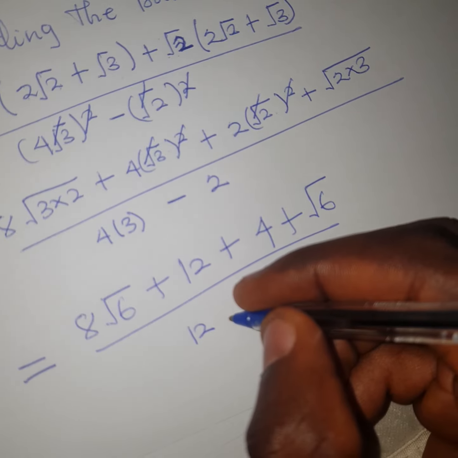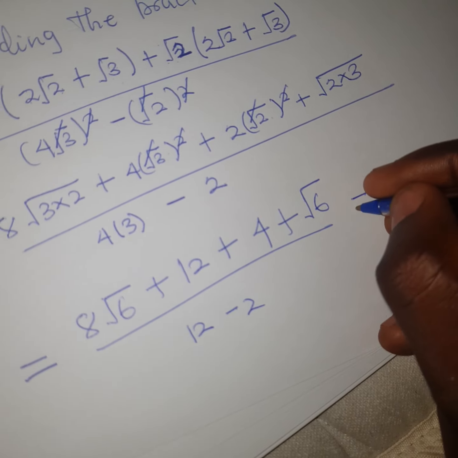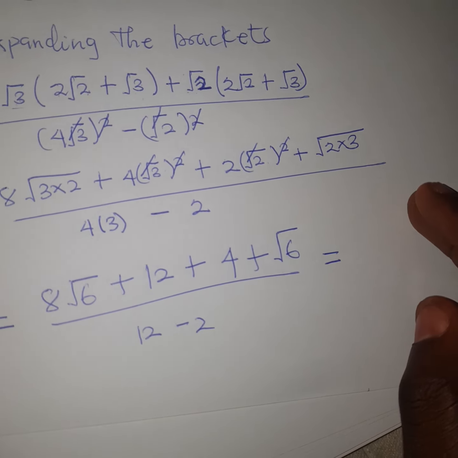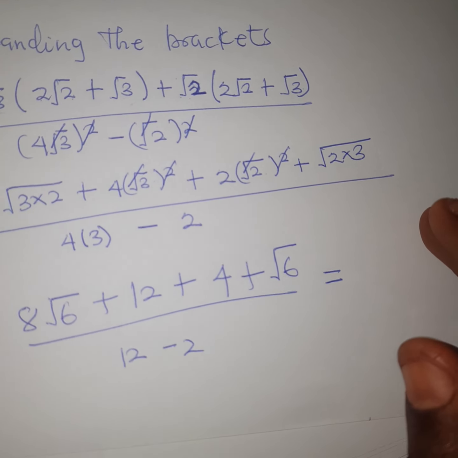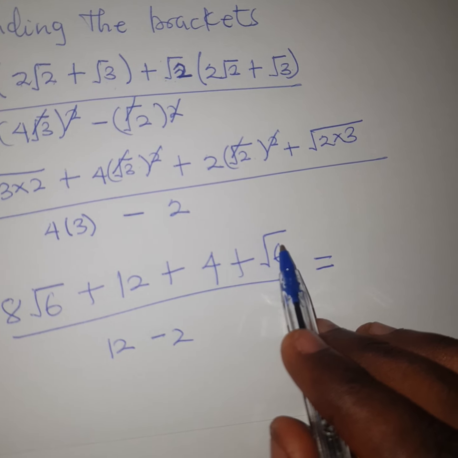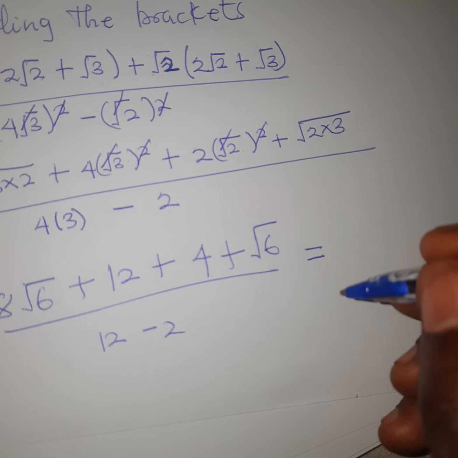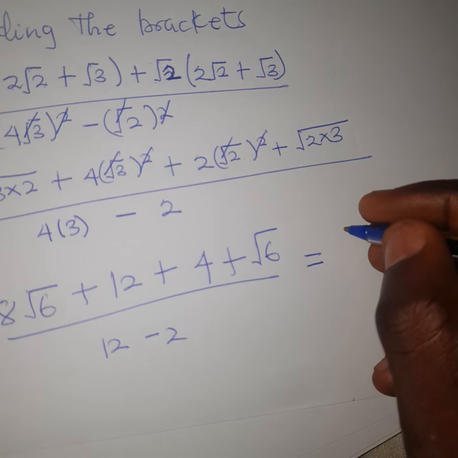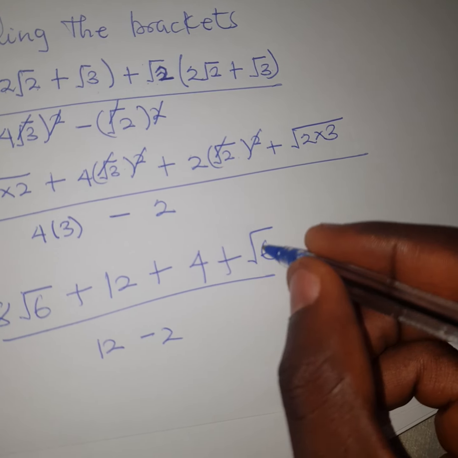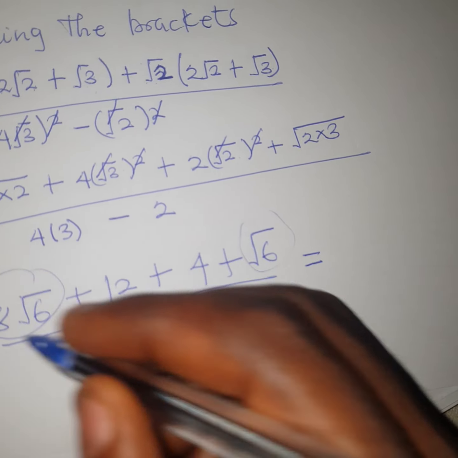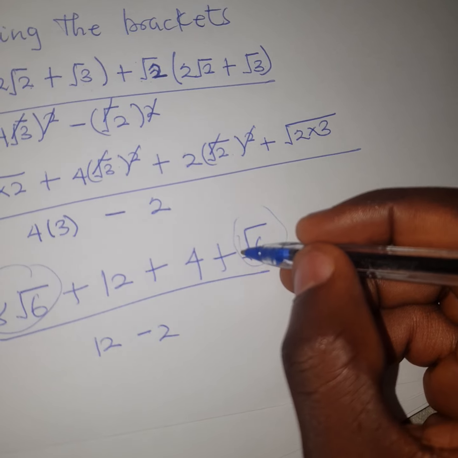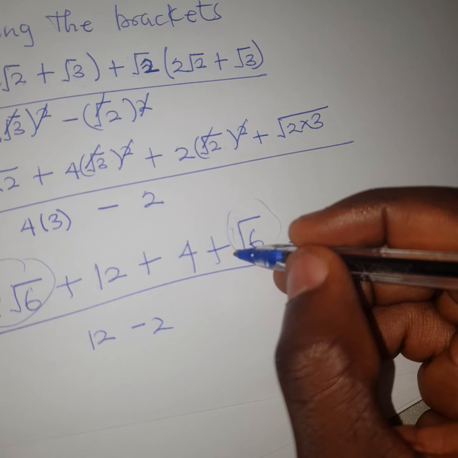This will multiply by this, 12 minus 2. This we are going to get, this plus this, it will be 9. This plus is 16. So it will be 8 plus 8 root 6 plus 8 root 6 plus this plus root 6. It means that the coefficient of this place is 1.